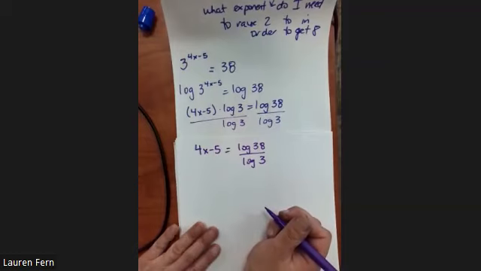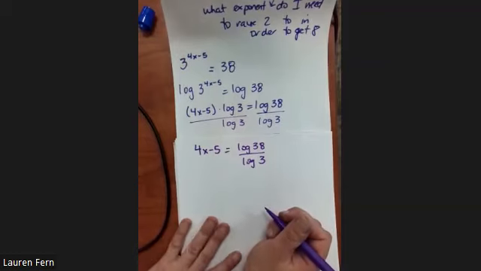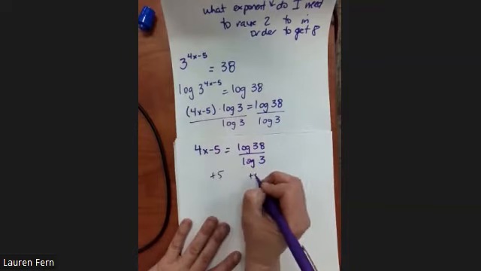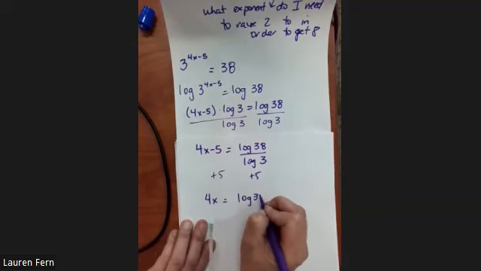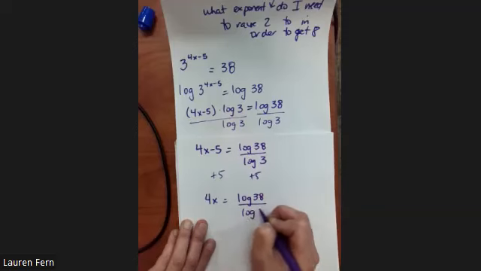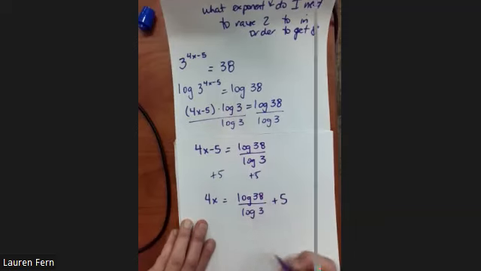What would be my next step for solving for x? We would add 5 to both sides. So now I have 4x is log 38 divided by log of 3 plus 5.